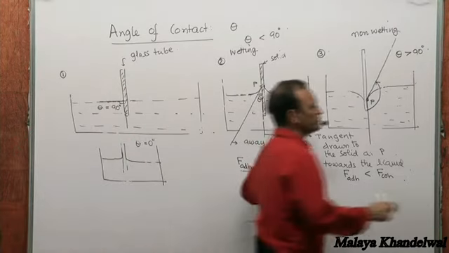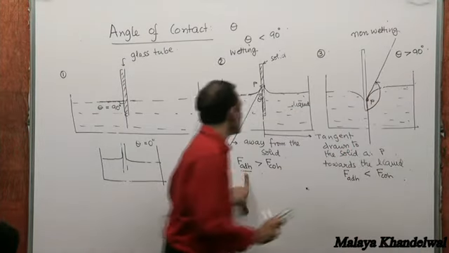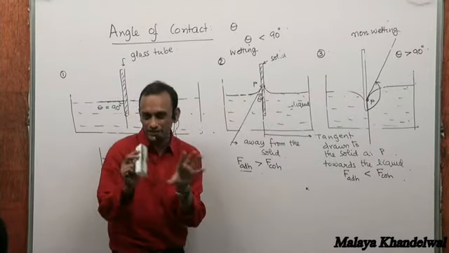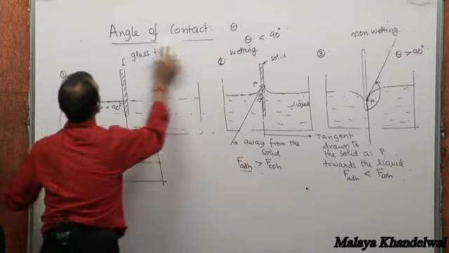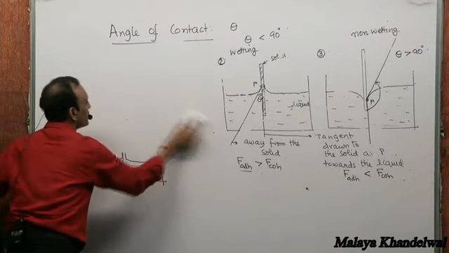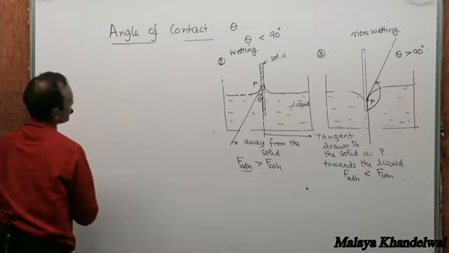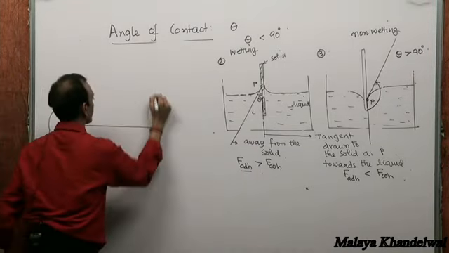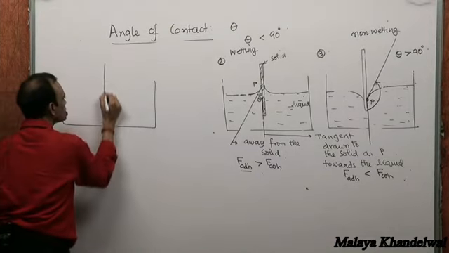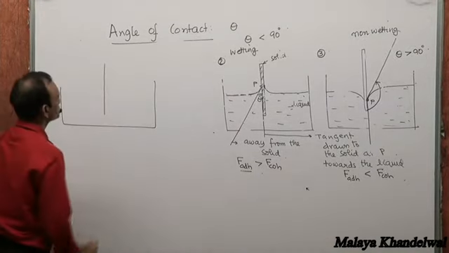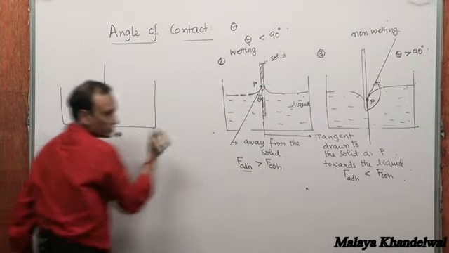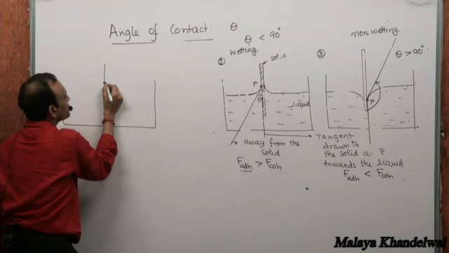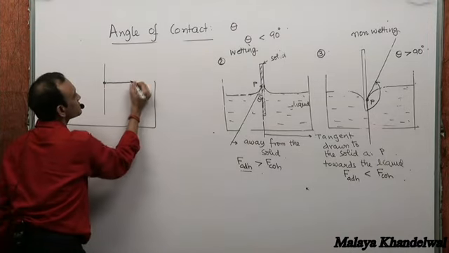And just to give you a preliminary feel, let's see why, when forces of adhesion are more than forces of cohesion, I get a shape like this. It's very layman-ish, but nevertheless. This is my liquid. There is this particle P on the liquid surface. Because of this solid, it will experience a force of adhesion like this.